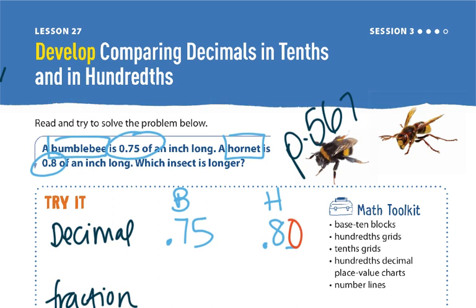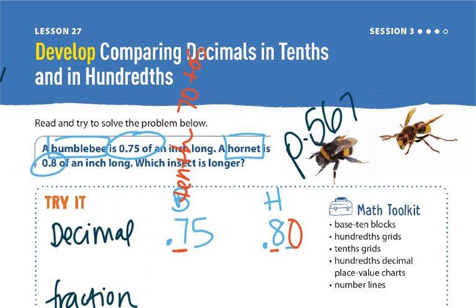Okay, when I'm comparing numbers, I look at the first one in the tenths because I know that tenths is a bigger number than hundredths. I know when I'm thinking about dollars, tenths would mean that this is 70 cents plus 5 cents, right?